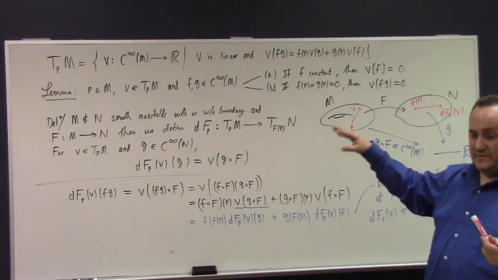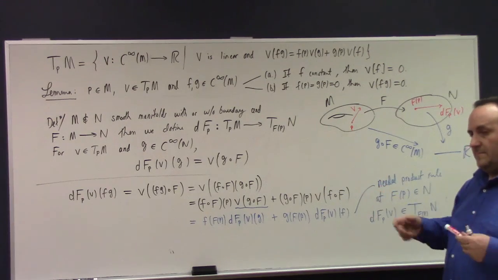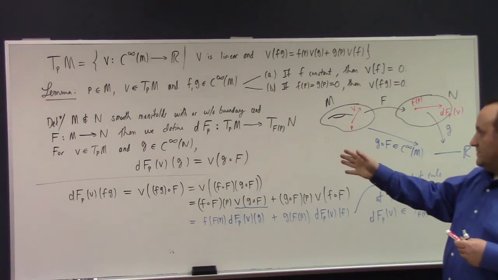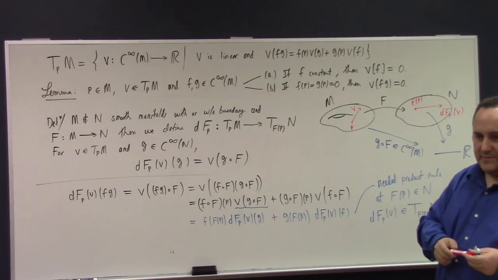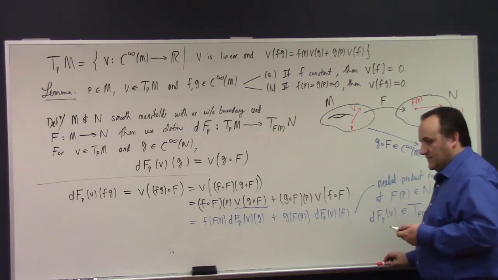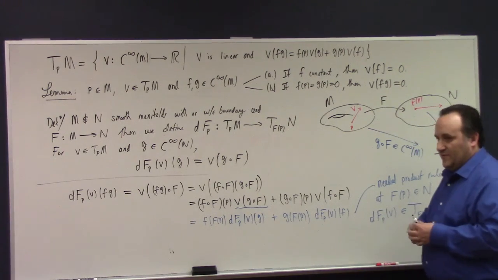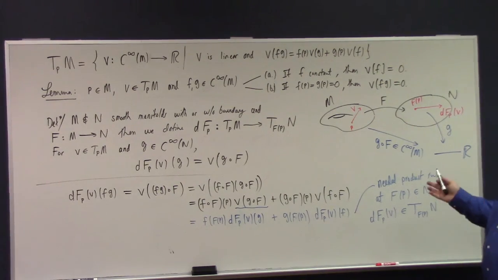A push forward of a vector field is another vector field. So some people reserve the term push forward just for vector fields, whereas this is a push forward at a point. If you call it a push forward, I'm not going to be bothered. I've called it that in the past. There are reasons for quibbling over these things, but none of them are as important as just trying to understand the basic things here. So let me shut up. Any questions?